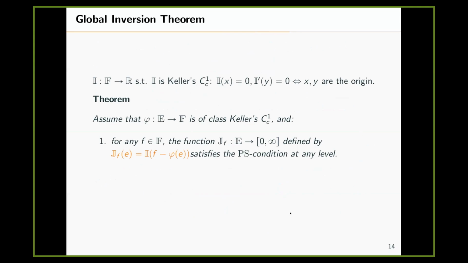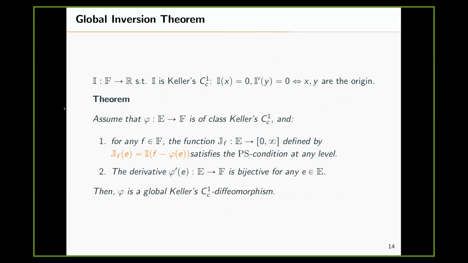So here is the statement of the theorem. As before, we introduce this mapping from F to R, a functional that is zero, and its derivative is zero, only at the zero element. Now, if this function is of class C1 between E and F, we have two conditions.